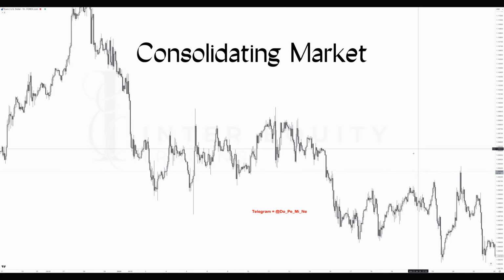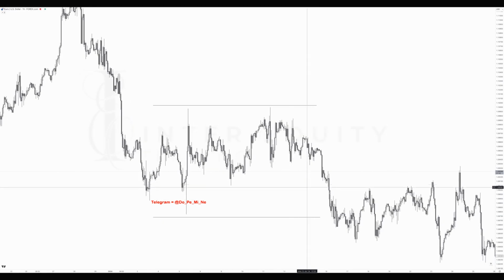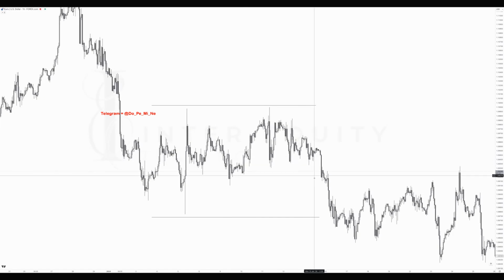All right, so next we have the consolidating market. The consolidating market is known by price moving sideways. Here you can see that price is currently moving sideways and has no apparent up or down trend. Price is around this area over here, does not break the low, just keeps moving sideways. You'll actually see this a lot, as I mentioned before.